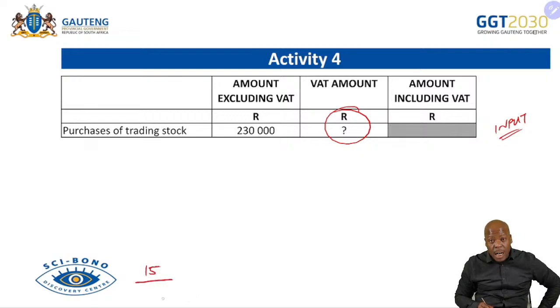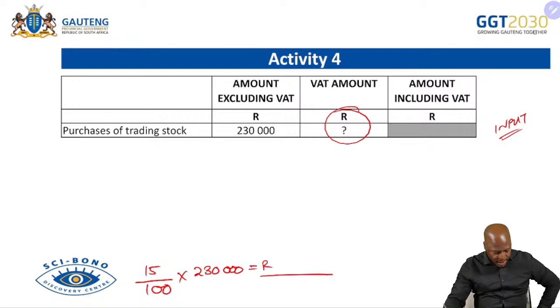Amount excluding is 100. Remember that? Thank you. Then you multiply that by 230,000. Please punch that in the calculator. I want you to give me an amount. How much do you get? Yes, you're saying 15 over 100 multiplied by 230,000. Thank you.